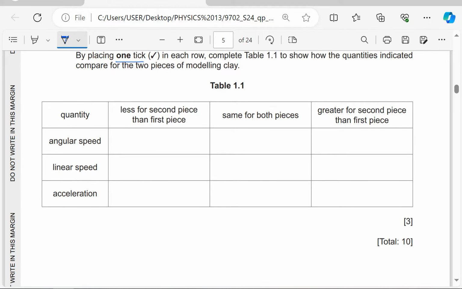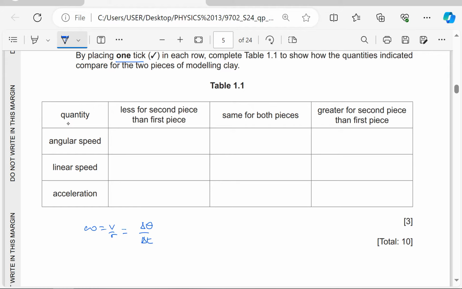So let's begin with angular speed. Of course, we know that the angular speed is equal to v over r, but in practice, the angular speed is the rate of change of the angular displacement, that is delta theta by delta t.